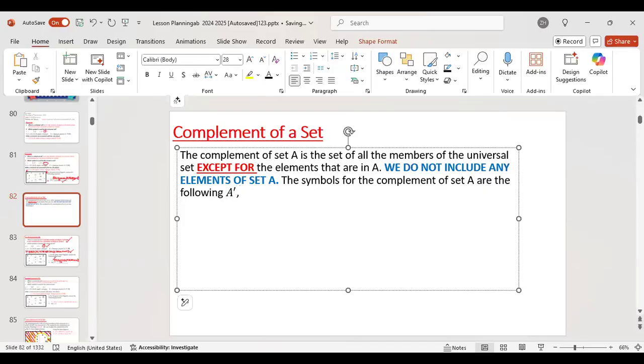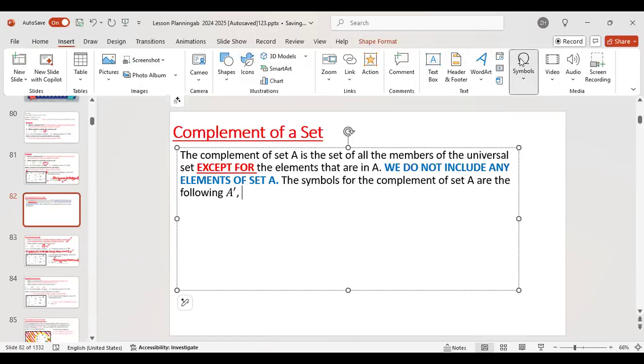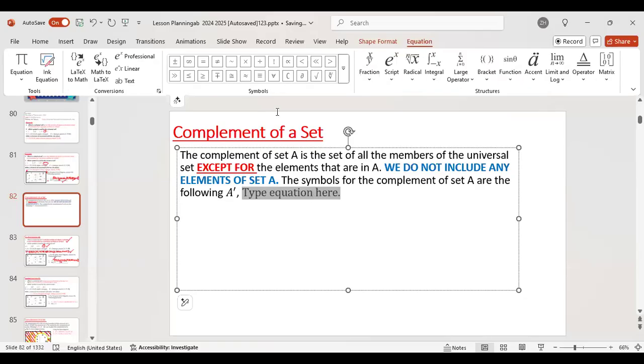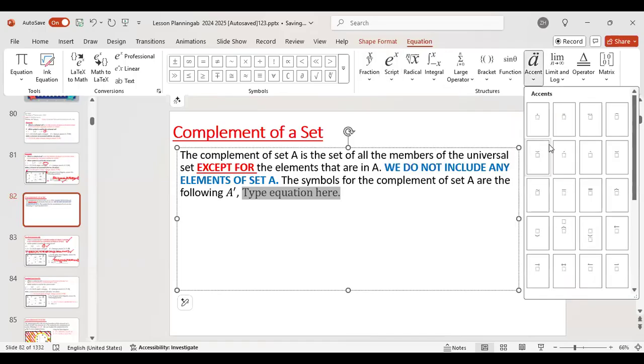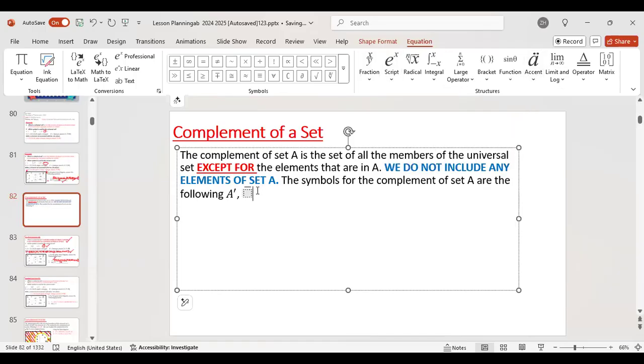Then we have capital A with a bar on top. A bar is another way we could write it.